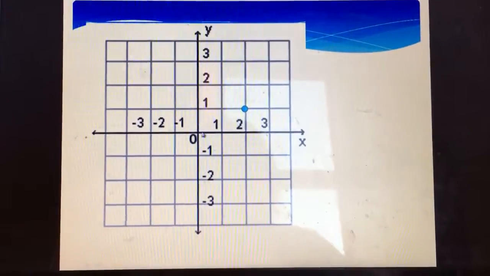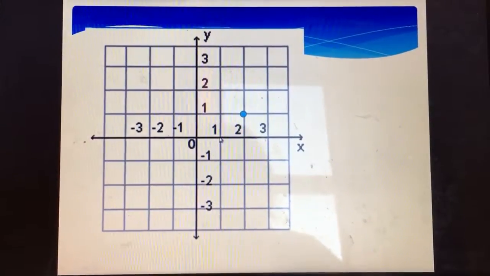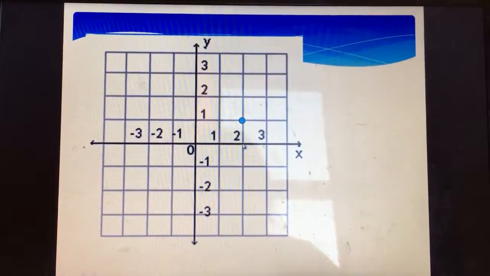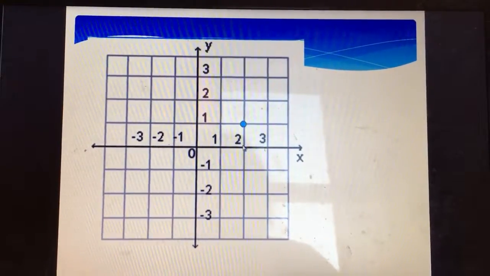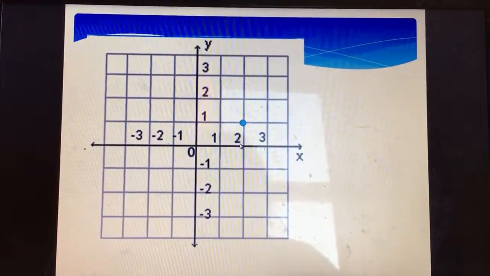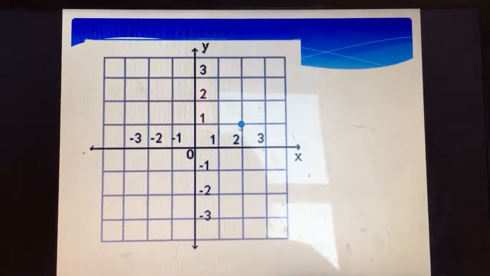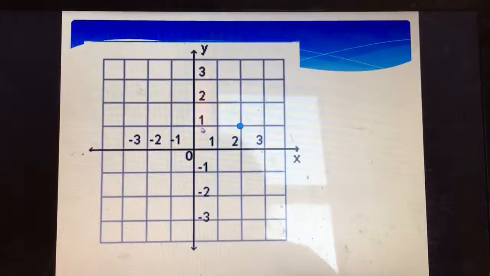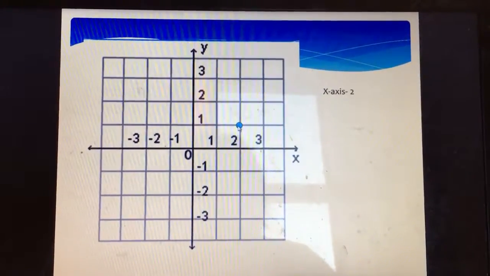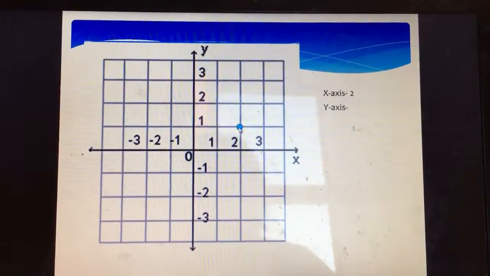So if we start at point 0, 0, we would go over 1, 2. So our x-axis number would be 2, since that lines up with where our point is on the graph. And then if we go up the y-axis, we're going up vertical, we would see that we would only go up 1 spot. So for this point, the x-axis would be 2 and the y-axis would be 1.